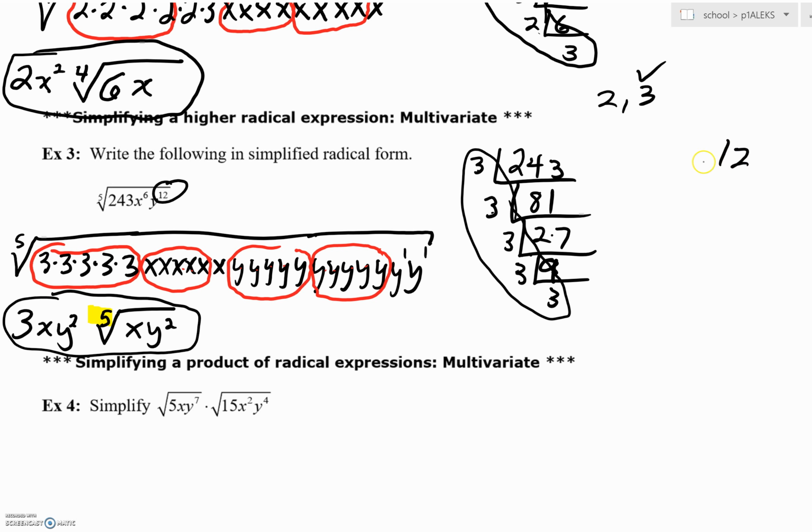No. Look, you could have just said, what's 12 divided by 5? You would have said 5 goes in twice. 2 times 5 is 10. Just like you learned back in 3rd grade or whatever it was, you would have said remainder 2. 2 y's would remain inside, 2 y's come out. See that? And you could do that with all your powers. Okay? We doing okay?